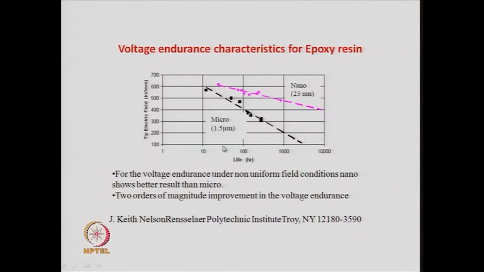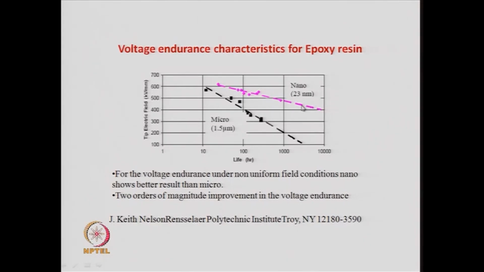This is an example of what we just said, that the endurance of the material with the nanoparticles is much higher. You can see in this plot that the electric field, which is a few hundreds of kilovolts per millimeter, plotted on the y axis, is much higher for the nanoparticles.